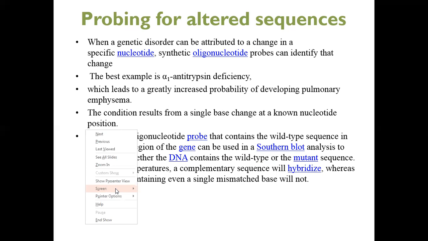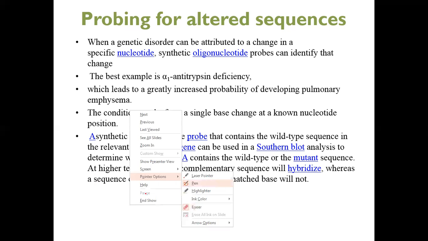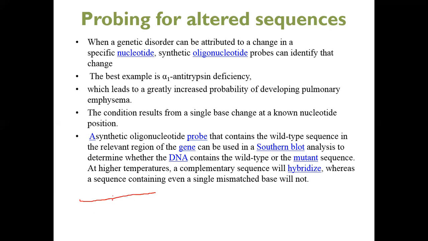For this purpose, say for example, we know that on this position, this is the complete sequence, and we know the change may occur on this position. We design a probe that will match. So for example, this is the wild type, and this is the DNA which is mutated, where the change may occur.